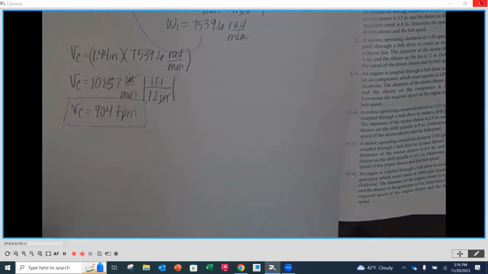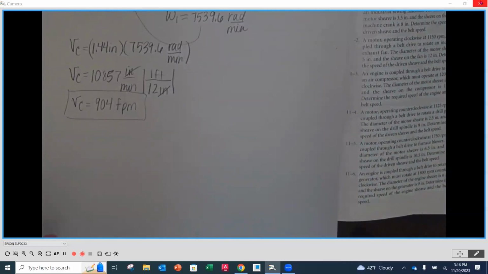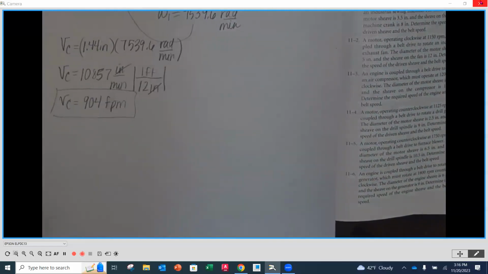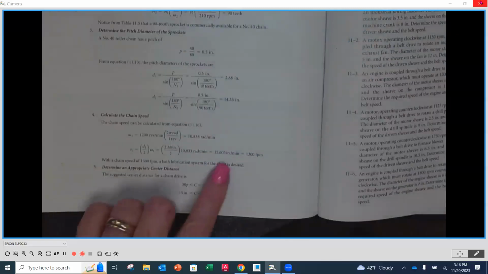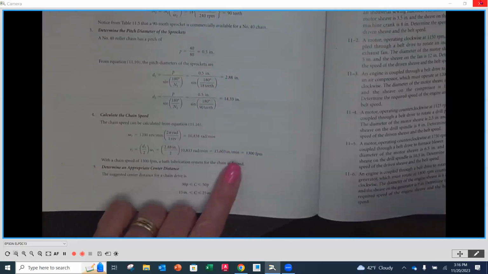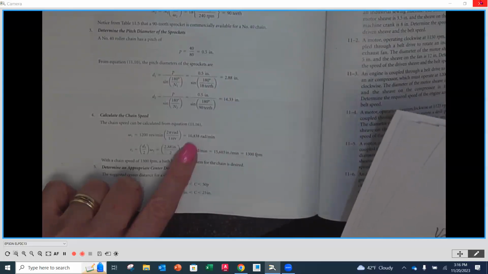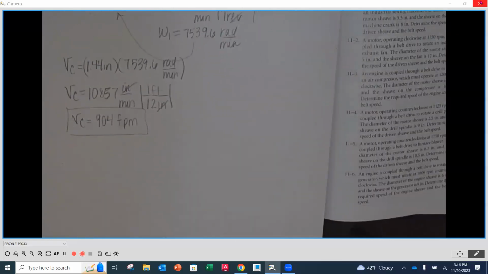Oh. Did I do something wrong? I got 904 too, but they got 1300. Let me double check. They have 1200 RPMs as 10,838 radians per minute. Let me double check that math. Yeah, we're right.